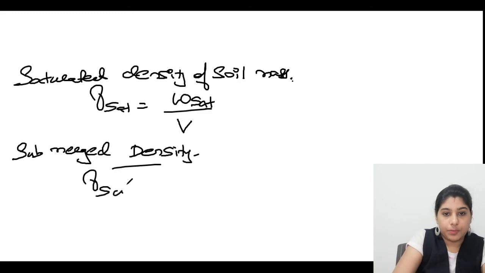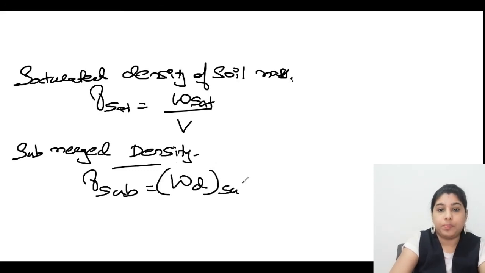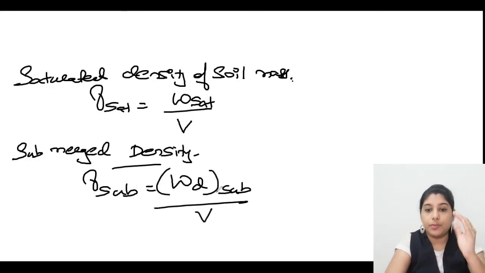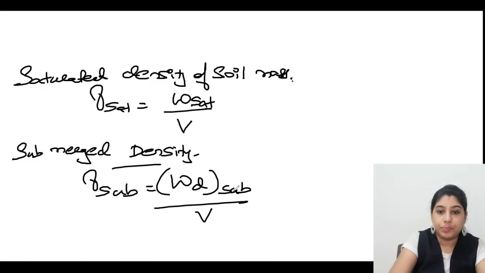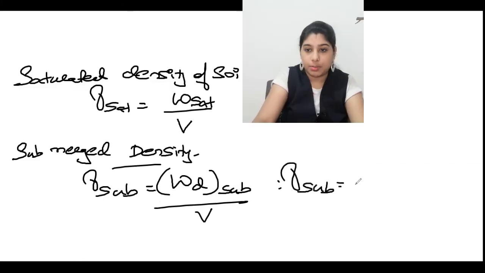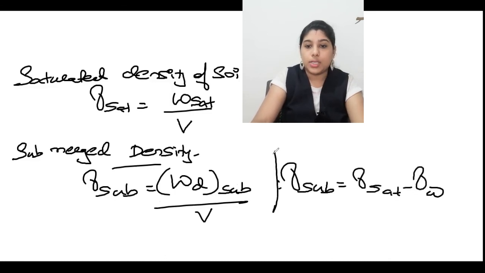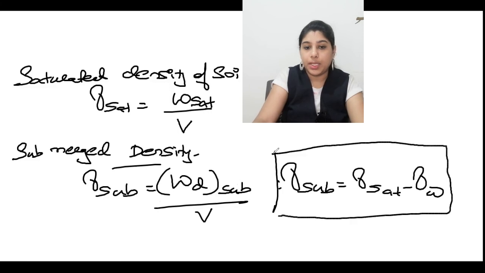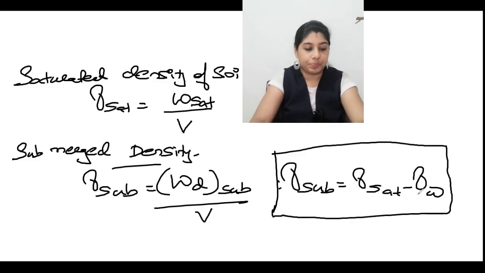It is the weight of the dry soil solid which is submerged by the total volume. And gamma submerged is equal to gamma saturated minus gamma W. This is most important.